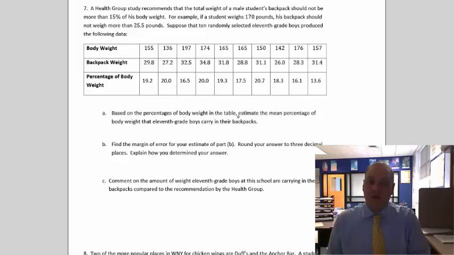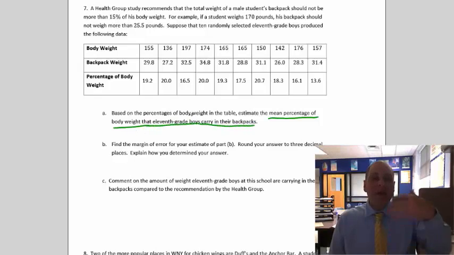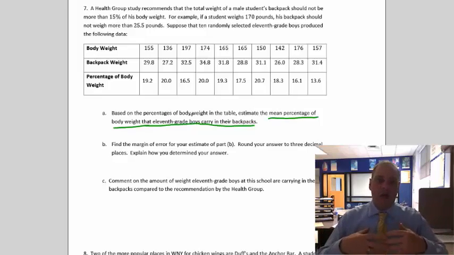Based on the percentage of body weight in the table, estimate the mean percentage of body weight that 11th grade boys carry in their backpack. Well, the estimate of the population comes from the average of the sample. Remember, increasing the sample size or the population is not going to change the mean that much, as long as you have a good amount of sample percentages.